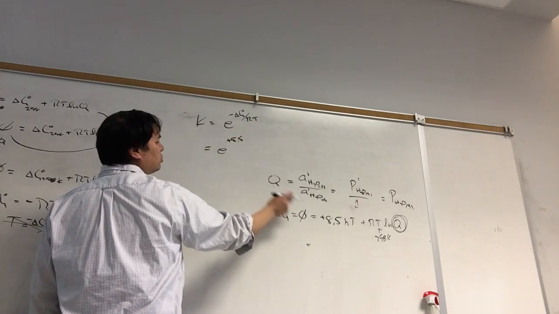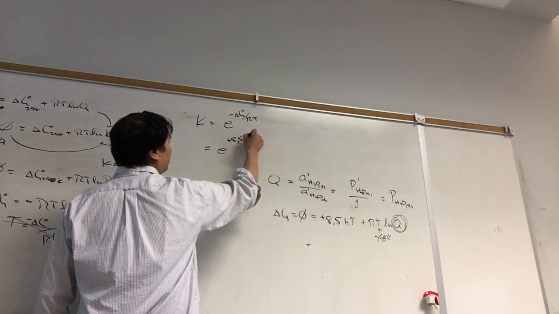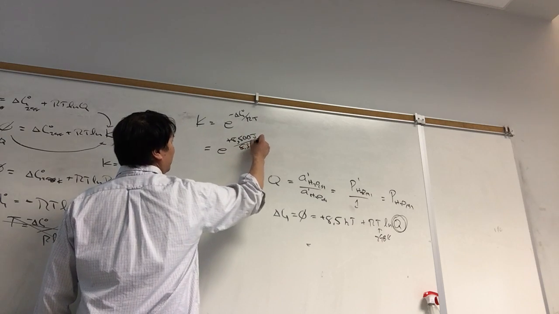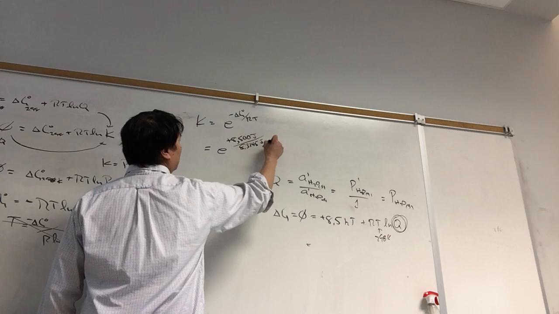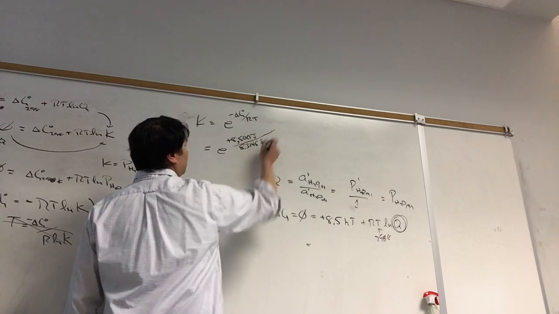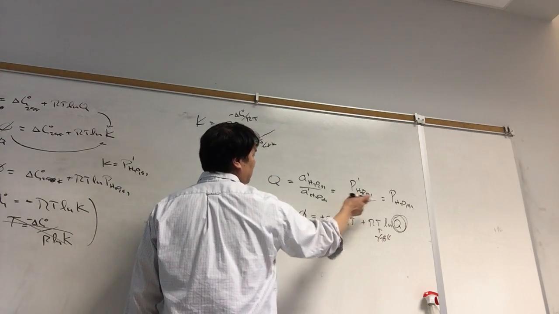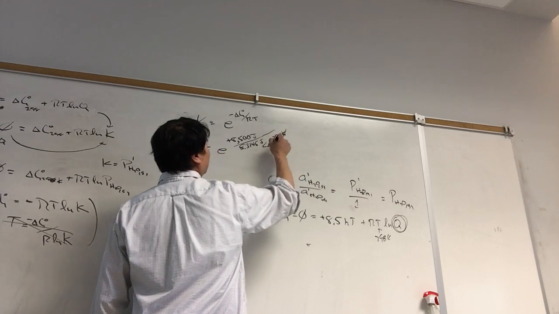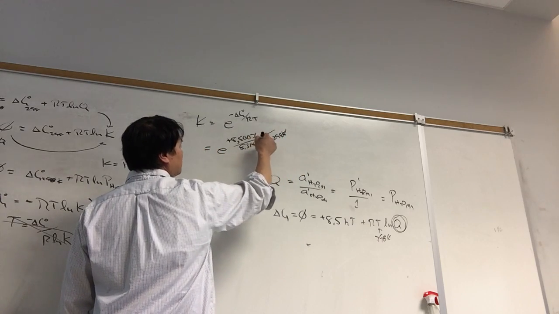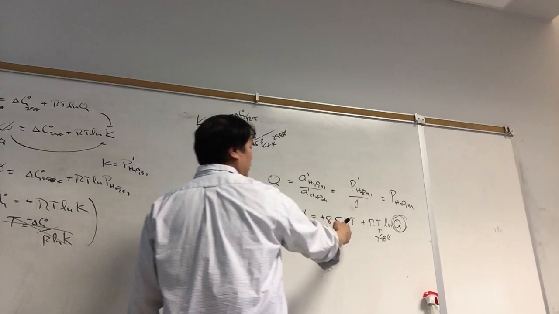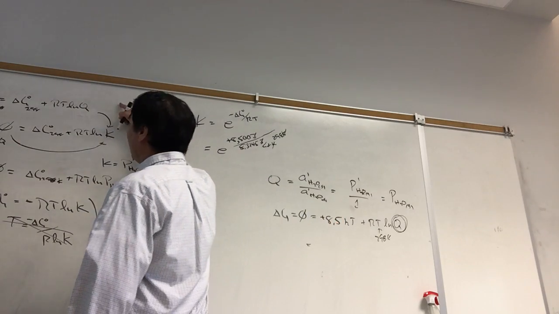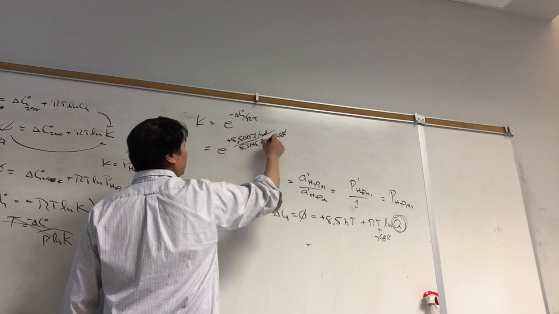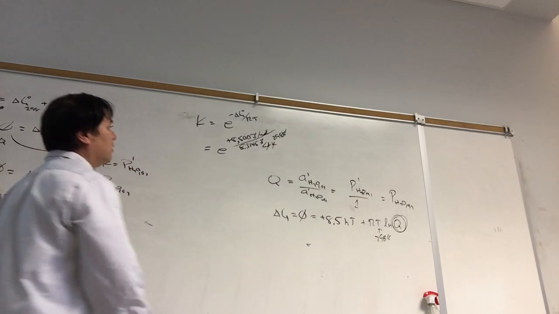I'm going to convert kilojoules into joules, so 8,500 joules over R, 8.3145 joules per mole Kelvin, times T, where T is 298 Kelvin. Kelvin cancels Kelvin, joules cancels joules, except this is 8.5 kilojoules per the reaction as written, per mole of reaction, so the moles will cancel.